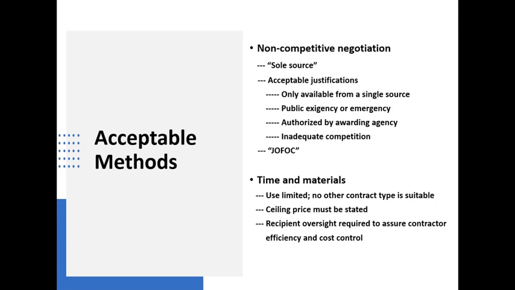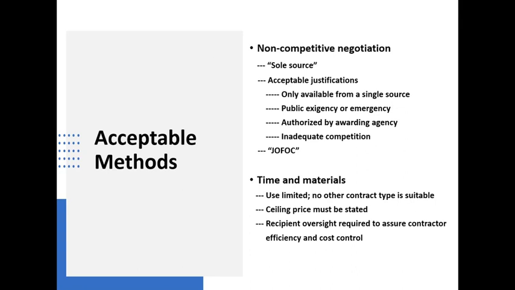So at that point, you defer off to a sole source arrangement. Now, you'll see that acronym there, JOFOC. That stands for Justification for Other Than Free and Open Competition. So if you're going to use that inadequate competition basis, you better be prepared to write something up that justifies what's going on.